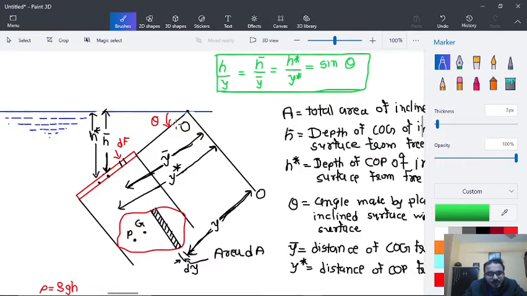You can check it by yourself based on the similarity of triangles.